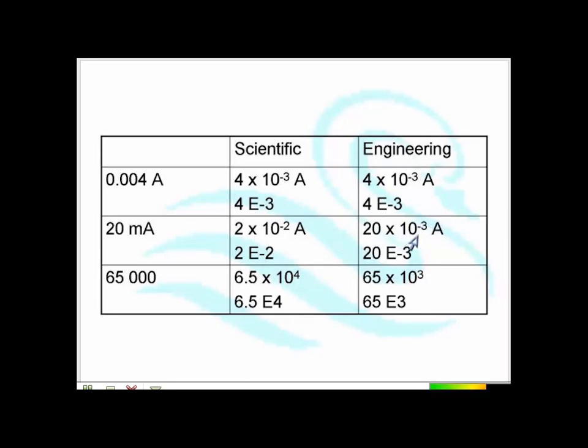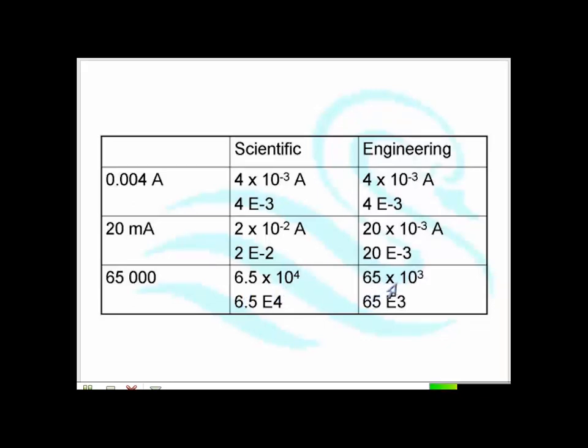Because this one is written in minus 3, and this one is written in minus 3, what we would say is, oh right, here we have 4 milliamps and 20 milliamps. And they're both in the same order, they're in the order of milliamps. And here we have 65,000. Scientific would write it 6.5 times 10 to the 4.